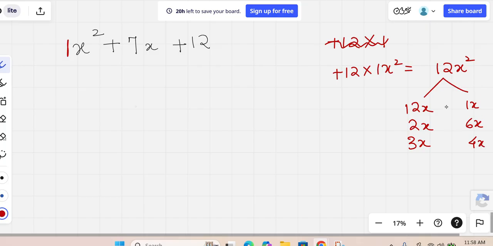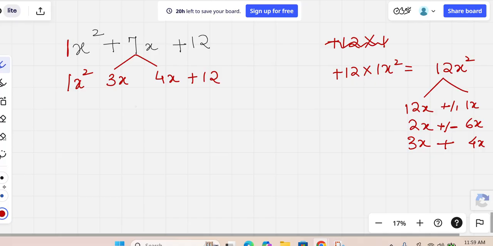Now, if I add or subtract 12 and 1, will I get 7? No, I won't. If I add or subtract 2 and 6, will I get 7? Not possible. Here, if I add 3x and 4x, I will get 7. So I will go for that. I'm splitting this 7x into 3x and 4x.